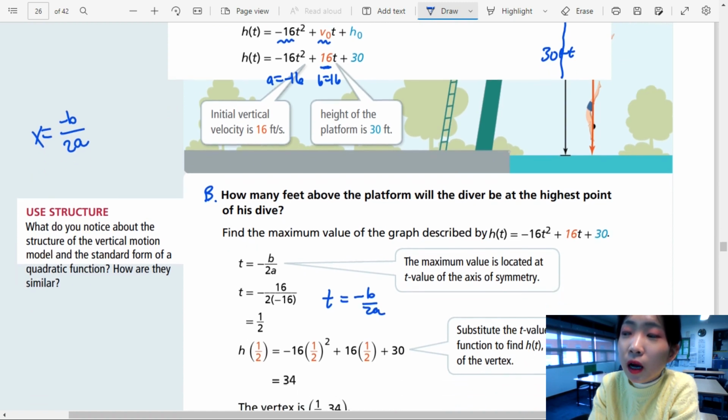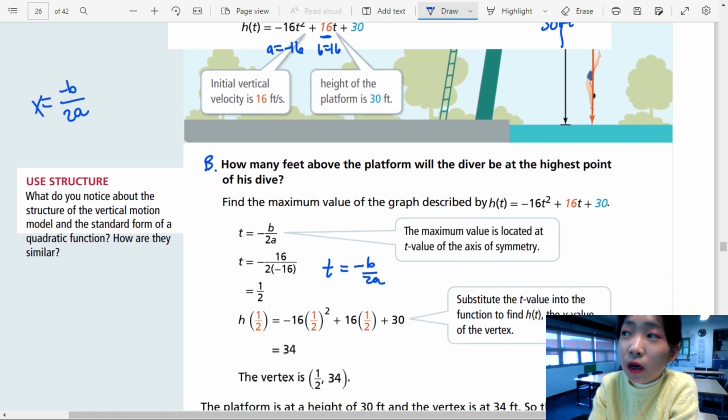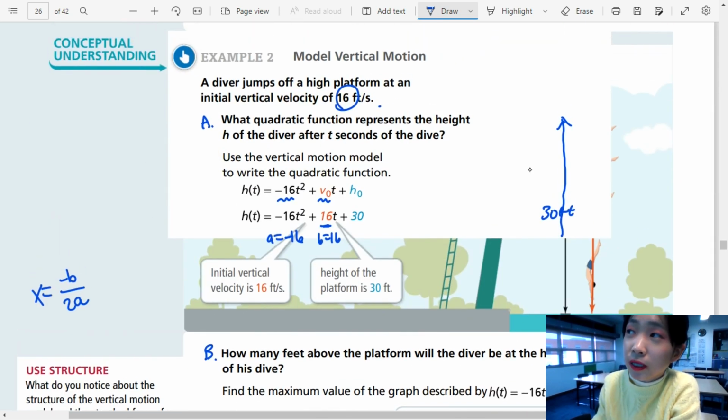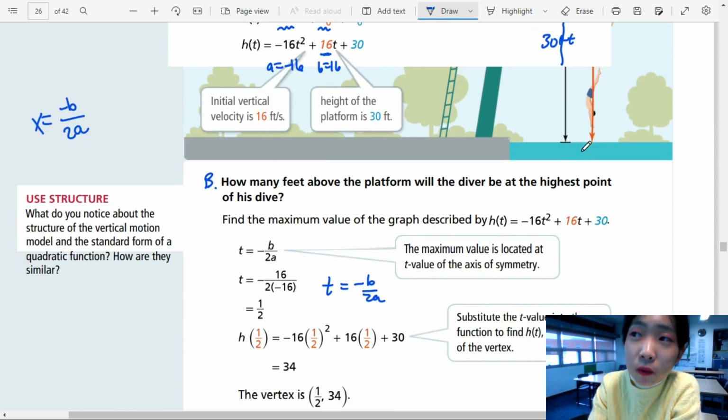And that will be your x value. So you need to figure out the height using your x, because that would be your vertex, right? Which is going to be at your highest point. So your x represents the time, but we want the maximum height, which means we want to figure out the value of y instead of x.